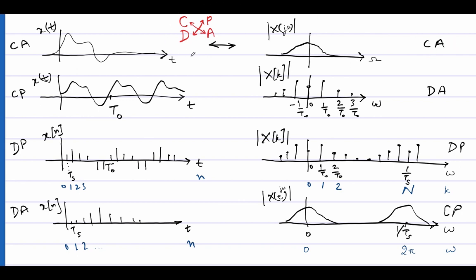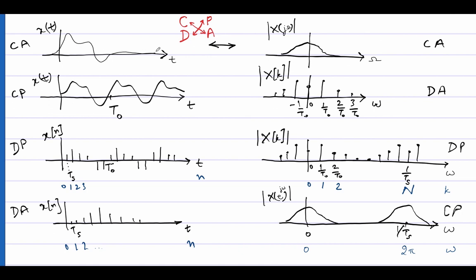There's a nice rule here, considering continuous and discrete, periodic and aperiodic. If your signal is continuous, its Fourier transform will be aperiodic. If a signal is discrete, its Fourier transform will be periodic. If a signal is periodic, its Fourier transform will be discrete. And if a signal is aperiodic, its Fourier transform will be continuous. Let us look at this signal.